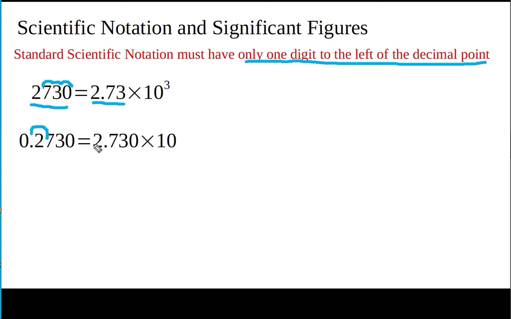When we moved it here, it means that it's times 10, and then, since we are going in the opposite direction, it's times 10 raised to minus 1. If you go to the right, it's minus. Each time it becomes minus. If you go to the left, it's plus.